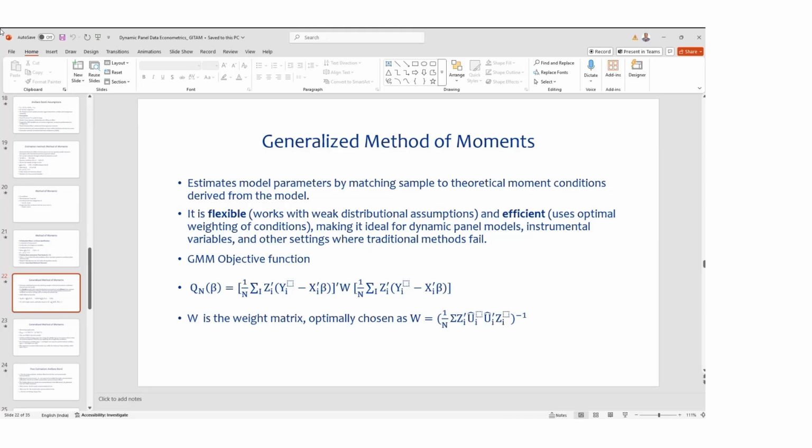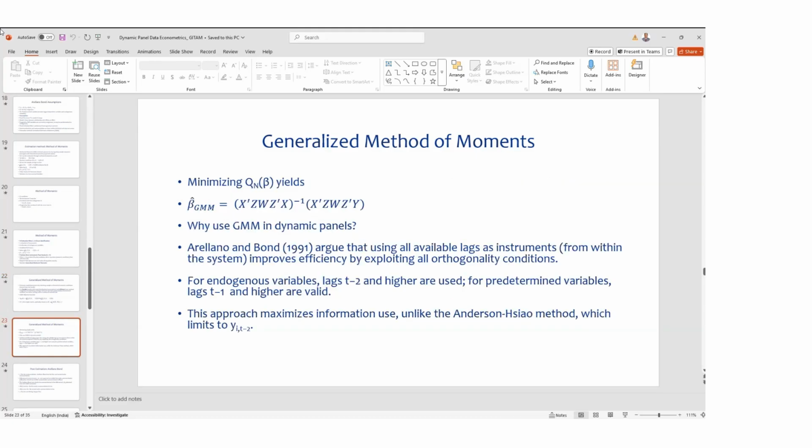From this moment, we are deriving the optimal weight, and we are using that here in the equation. It looks very similar to the equation for beta using the OLS method, but we are incorporating the instrumental variable as well as a weight matrix.